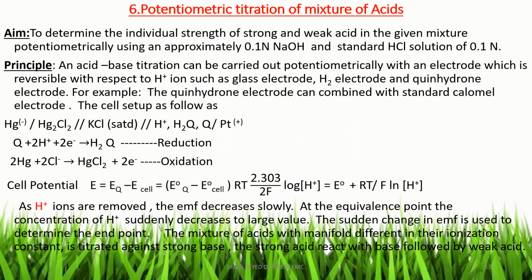But at the end point, there is a sudden decrease in the EMF. Afterwards, 3 more readings are taken, and the experiment is repeated with sodium hydroxide as in the HCl titration. By adding very small portions, 0.2 ml, we can determine the exact endpoint from the derivative curve.